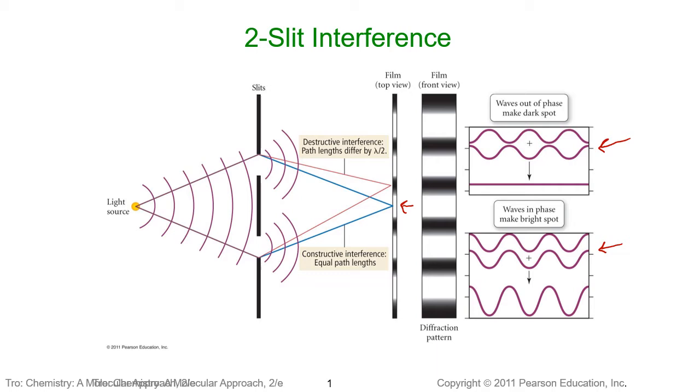And this is not something we would see if it's acting as a particle, because the slits would block our particles from showing up at that point. But because we have this constructive and destructive interference, we see this bright spot between the two slits. And because of that, we know that light is behaving as a wave.